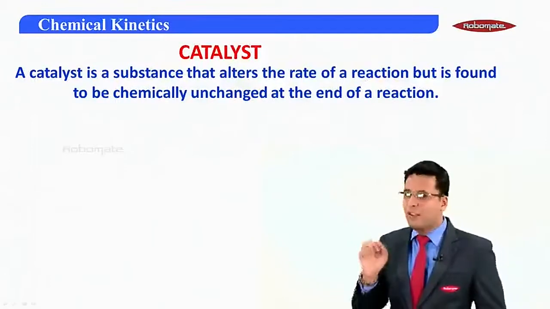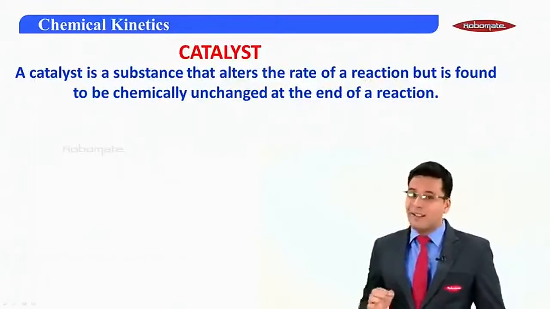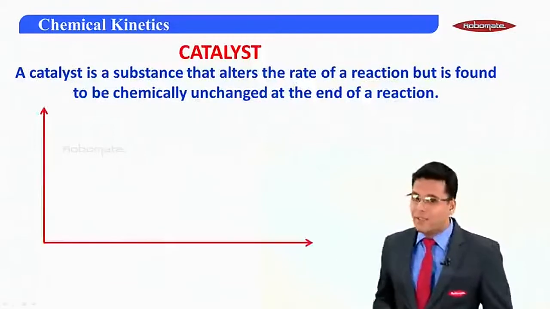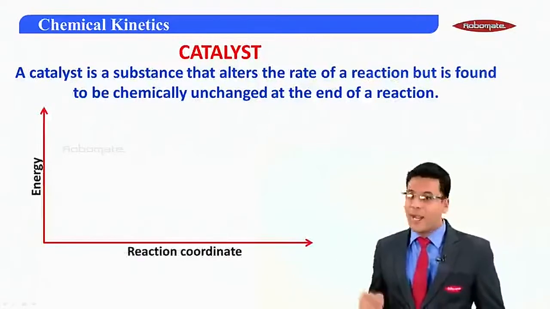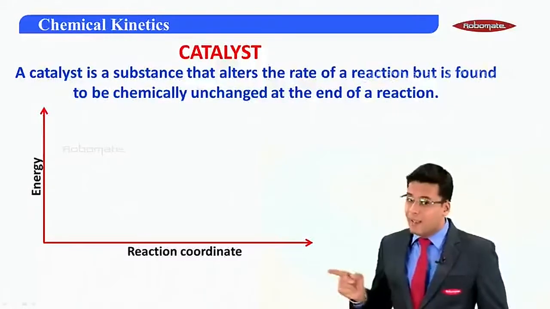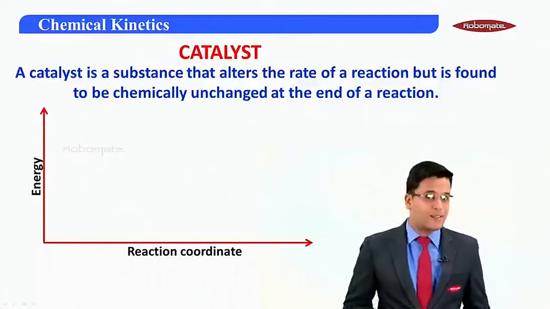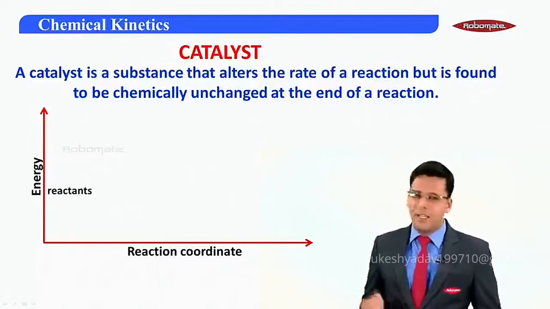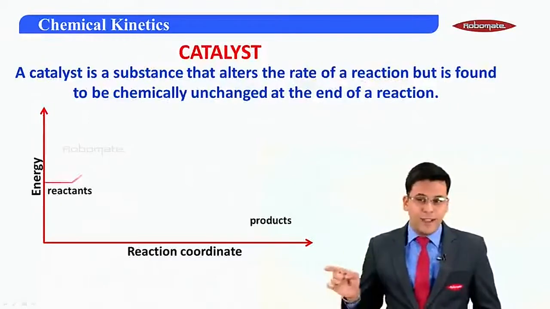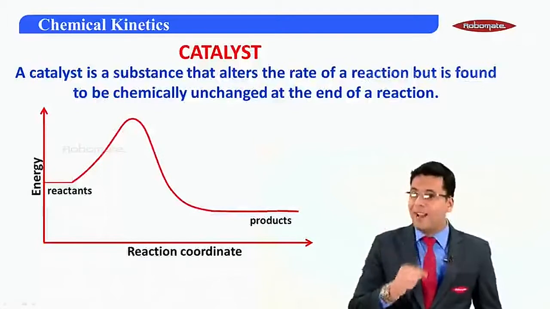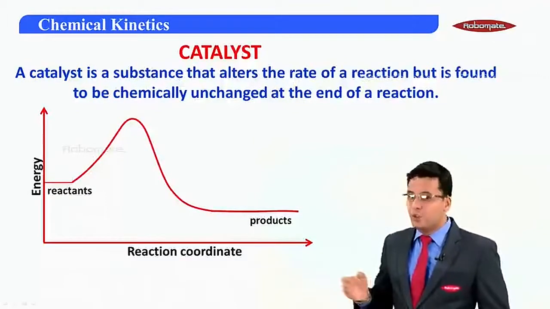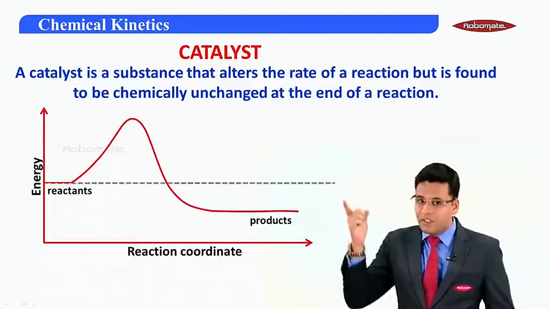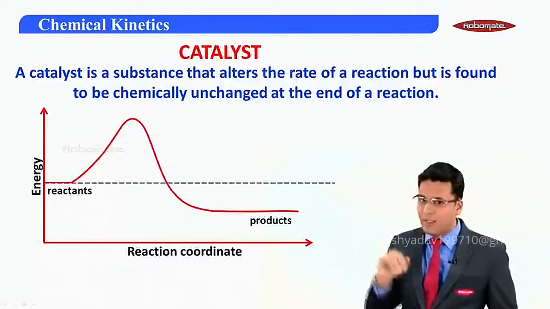We had understood how a catalyst works with the help of this graph. We had energy on the y-axis and reaction coordinate on the x-axis. Some reactants get converted into products, and this is the energy profile diagram. So the reactants have some energy which is represented by this dotted line here.